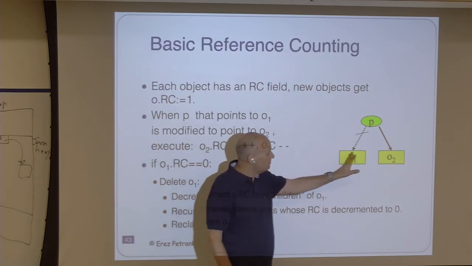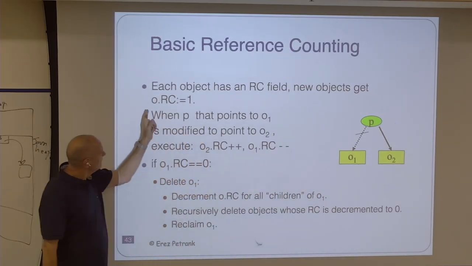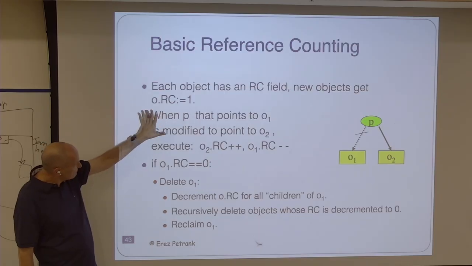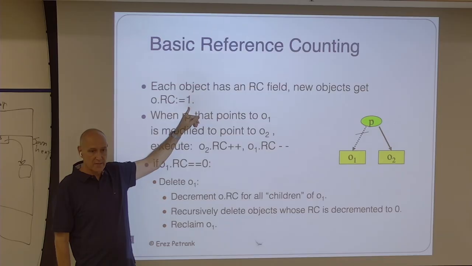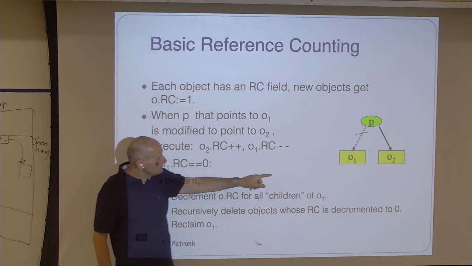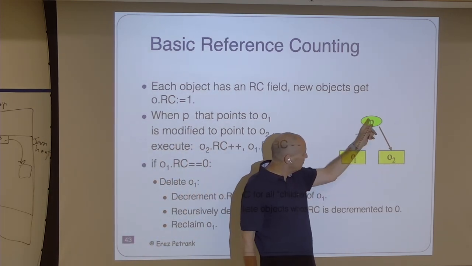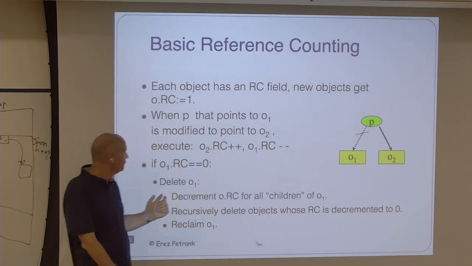When I allocate an object, it gets a reference count of 1 because I return a pointer to it, so there's one pointer to it. Whenever I change a reference to point from object 1 to object 2, I have to do two things.